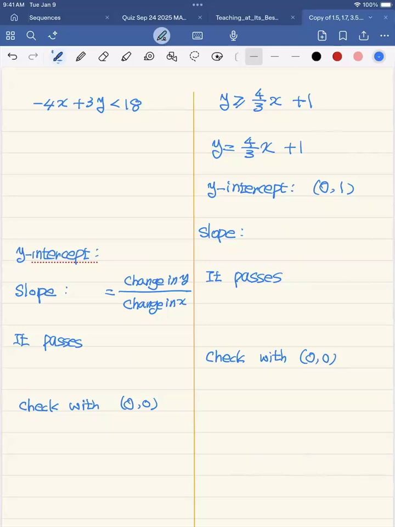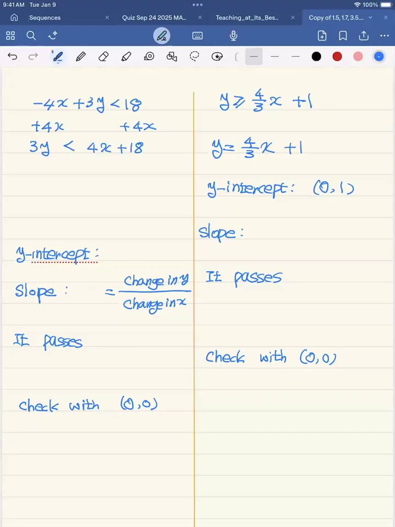Let's solve the inequality. We want to get 3y by itself on the left side, so we add 4x on both sides. Then the left side is 3y and the right side is 4x plus 18.